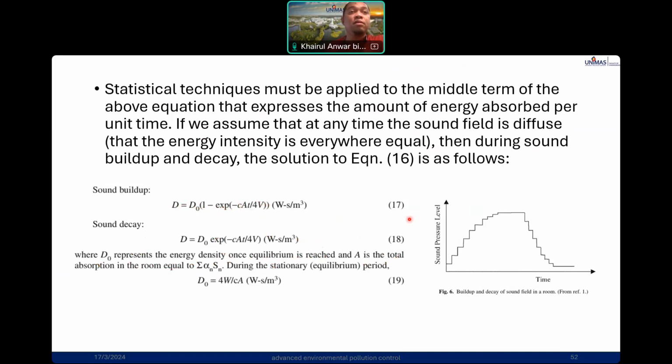So A here is equal to the sum of alpha n S n, which is the absorption coefficient times the area of the wall.